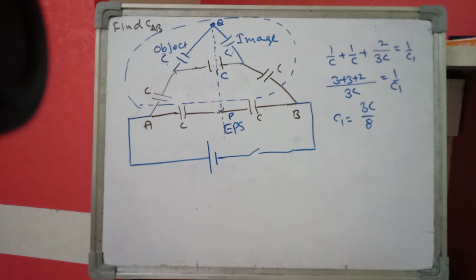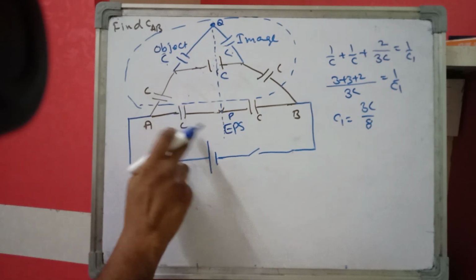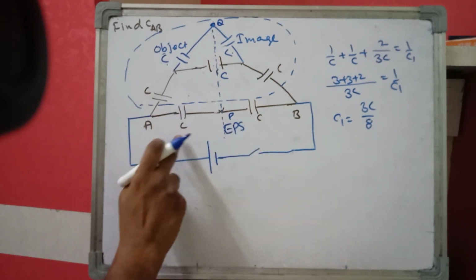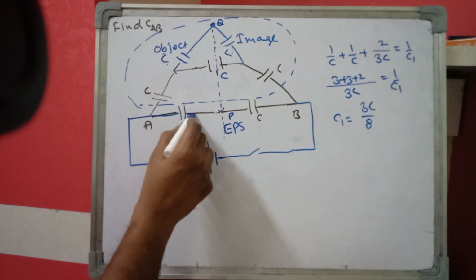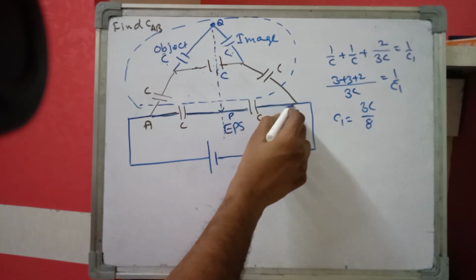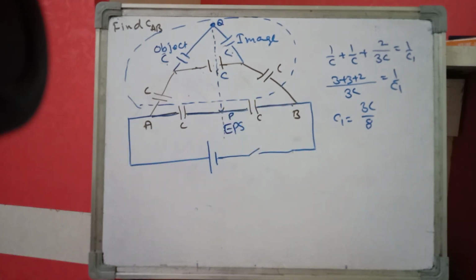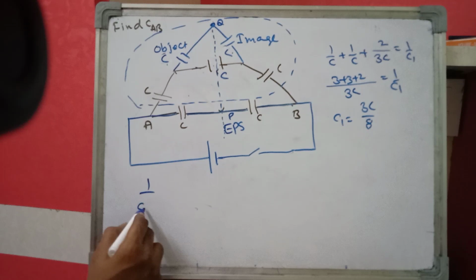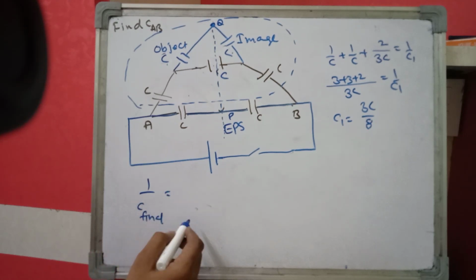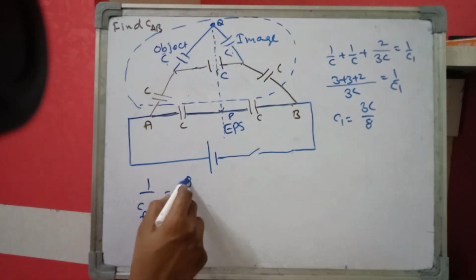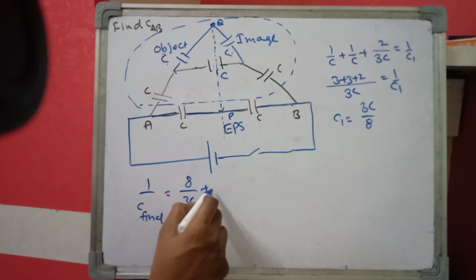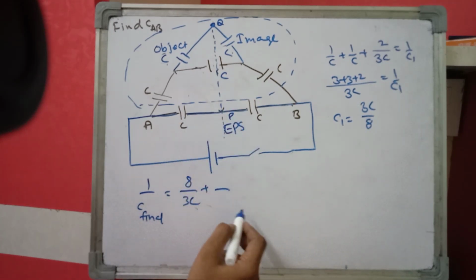Now that C1 equal to 3C by 8 is in series with this capacitor. These two are in series, why? Because while moving a charge from this capacitor to this capacitor, there will be no splitting. That's why these two are in series. Then 1 by C final is equal to the capacitance of this, 3C by 8, and the capacitance of these two is C by 2.